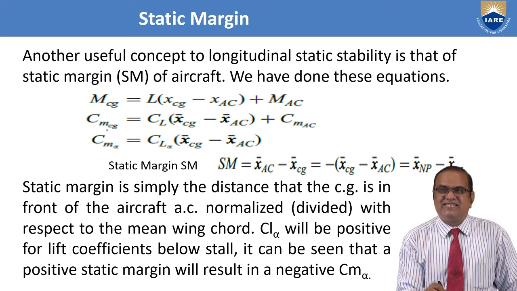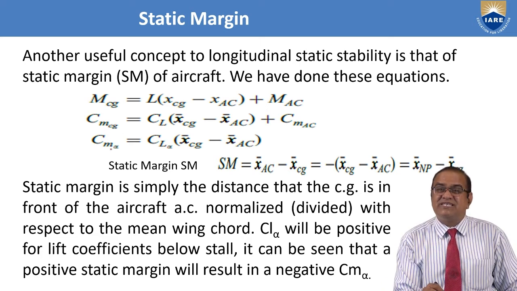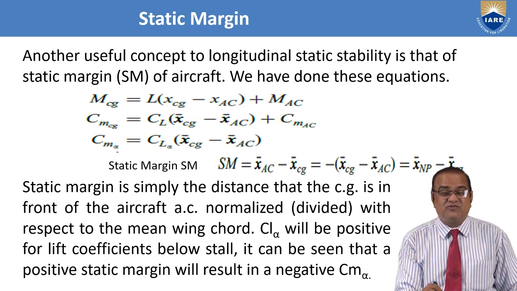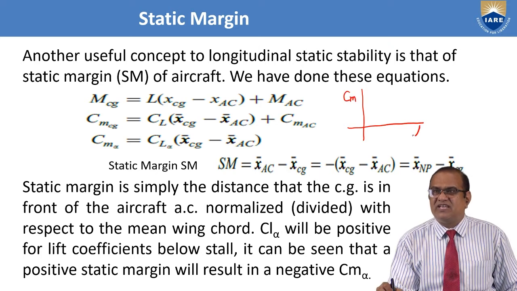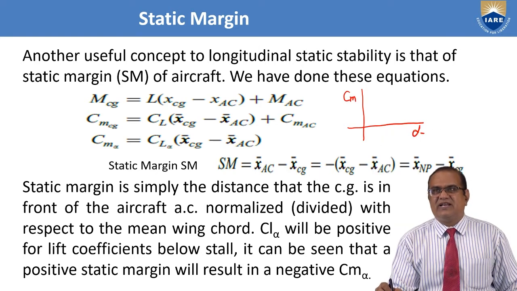So here, Cmcg, now Cm alpha. Cm alpha is what? It is a slope: the slope of Cm with respect to alpha.